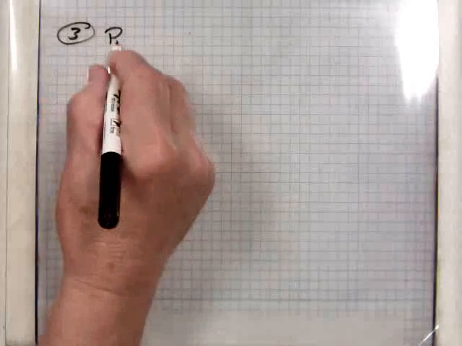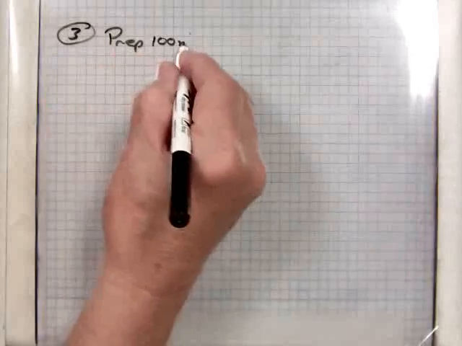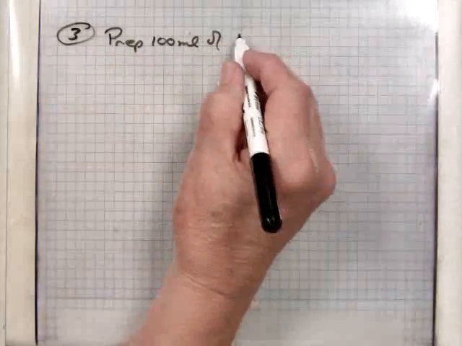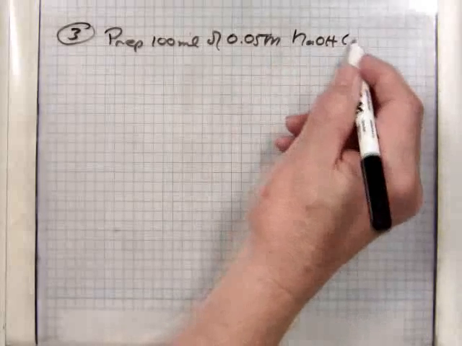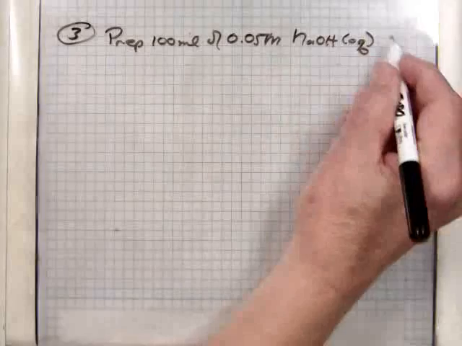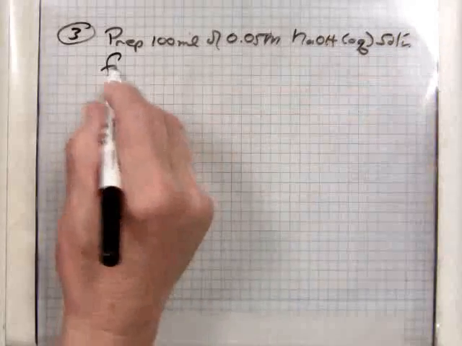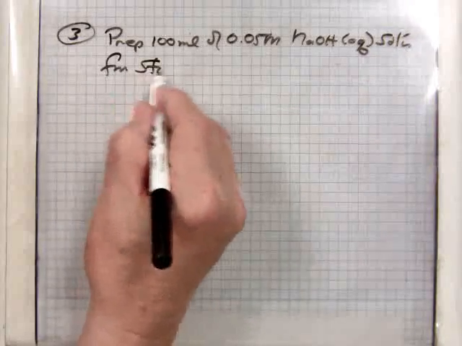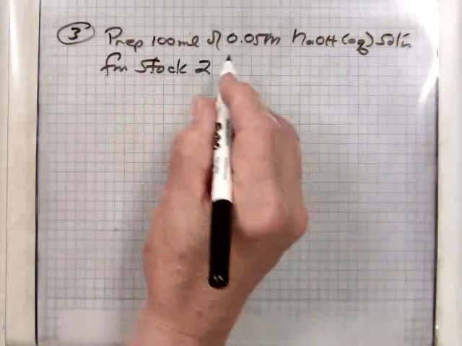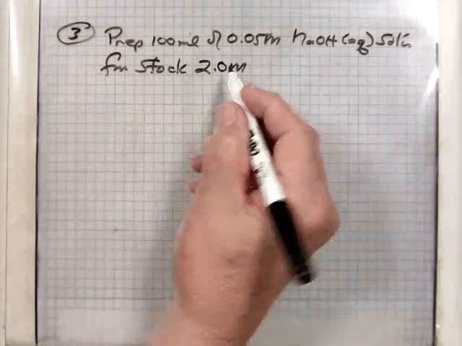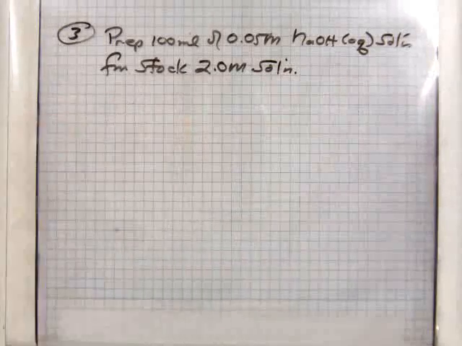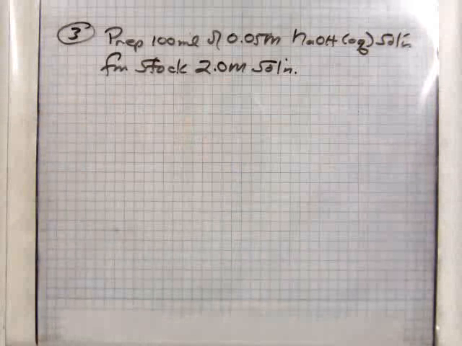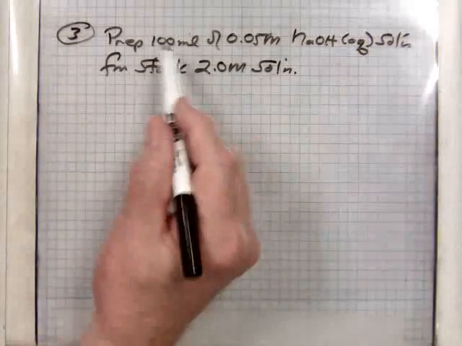So we have to prep 100 milliliters of 0.05 molar sodium hydroxide aqueous solution from stock at a 2.0 molar solution. So it's really what volume do you need to start with, and then dilute to the needed 100 mils.